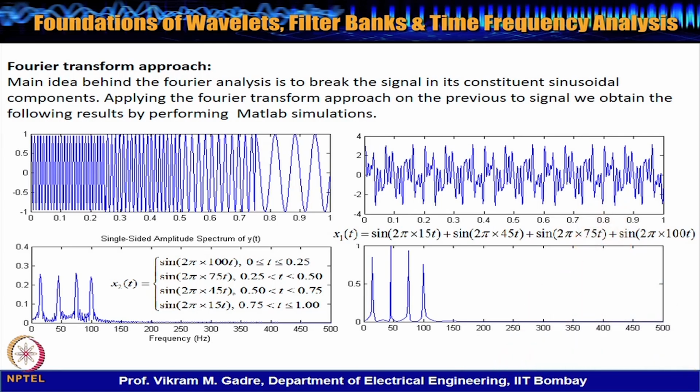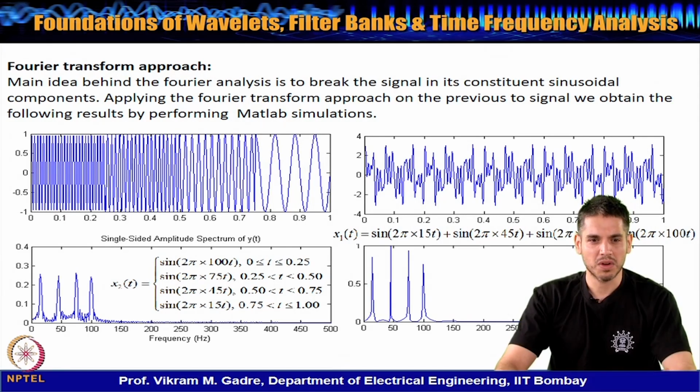This Fourier transform figure clearly indicates the different frequency components present in the signal, but the exact time when these components occur is not brought out by Fourier analysis. So this is one of the main limitations of Fourier analysis.